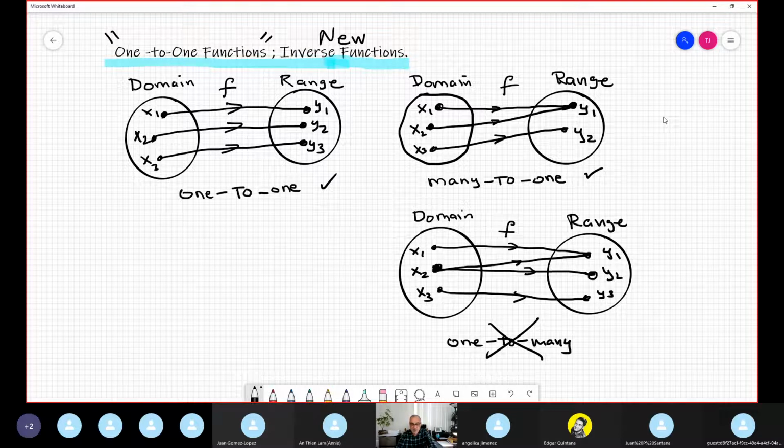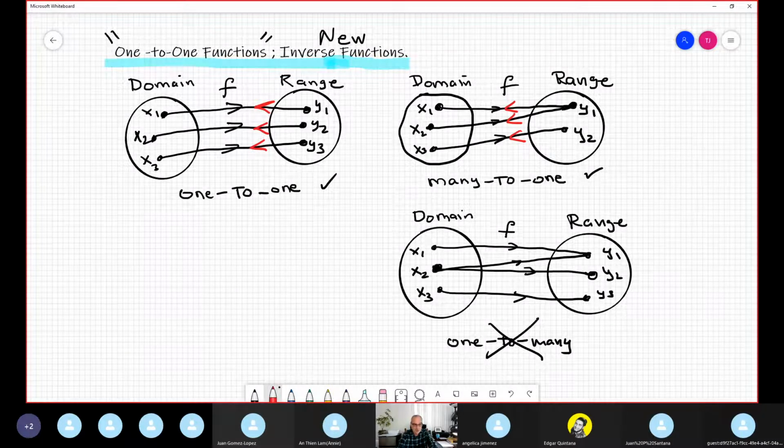It's a contradiction with the definition of a function. However, what's the problem today? The problem today is the inverse function. What is an inverse function? Well, an inverse function is the function but in the opposite direction, like that. That is the reason it's called inverse. Well, there are many examples of inverse functions.